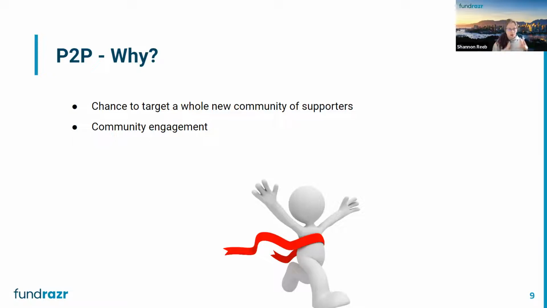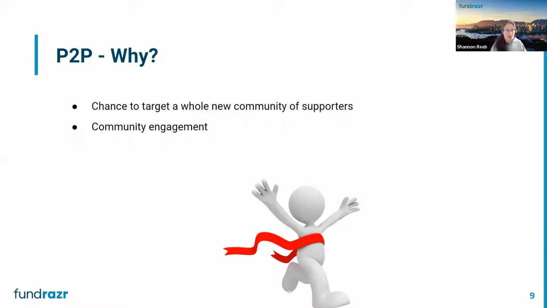Think of your network right now. If even 10% of those people were to fundraise for you, think about how much bigger your network is now, because you're not only targeting your network, you're targeting your network's network. So your community's community. So your audience just grew a lot.